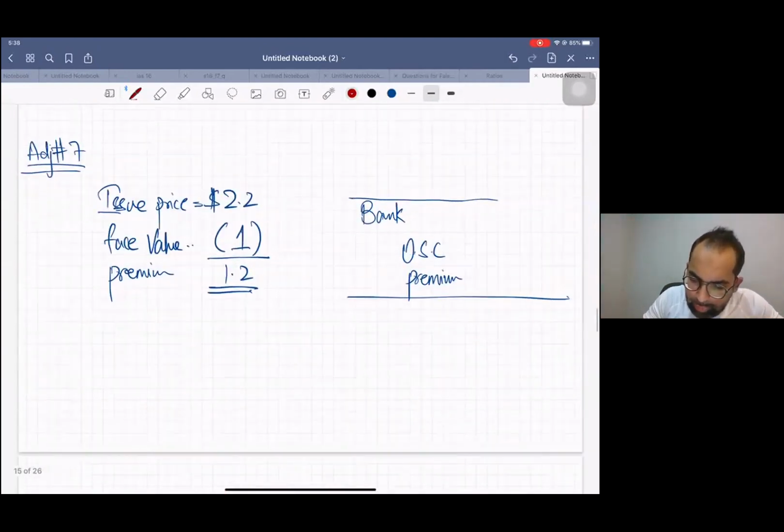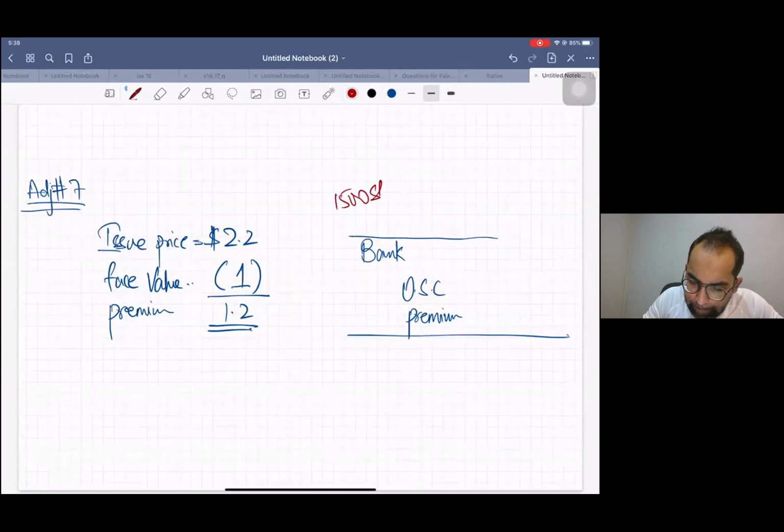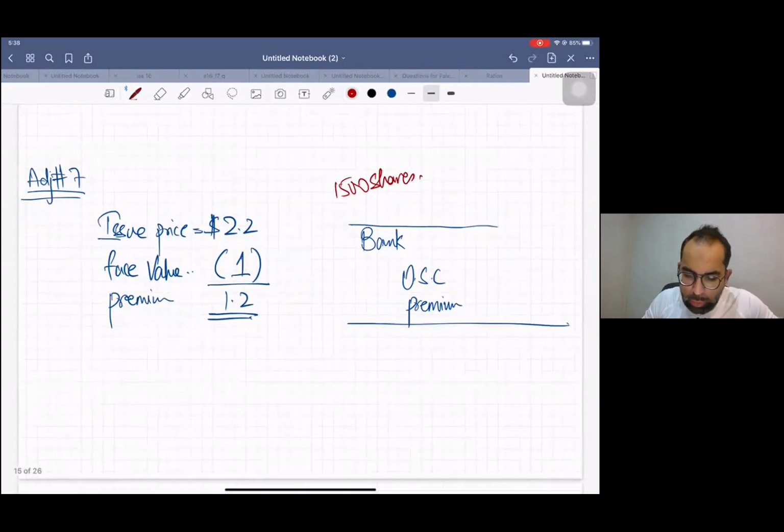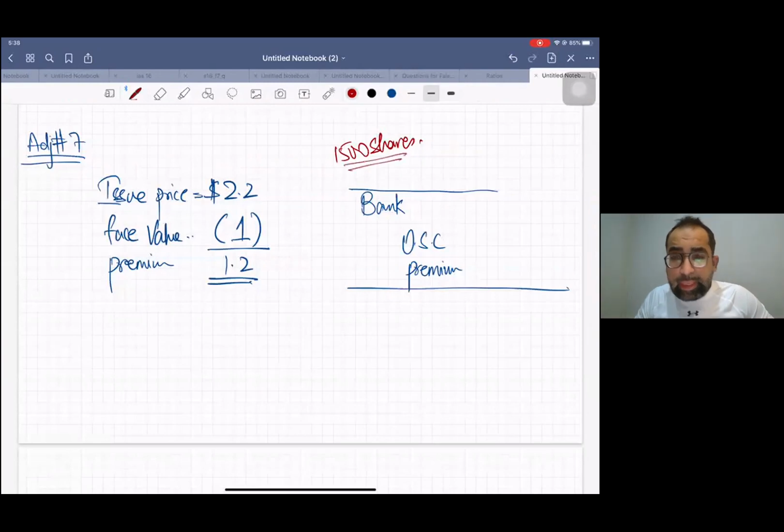How many shares? 1500 new shares, and these are not free issues, they are with money. So 1500 shares, and the cash per share is 2.2. 1500 times 2.2.